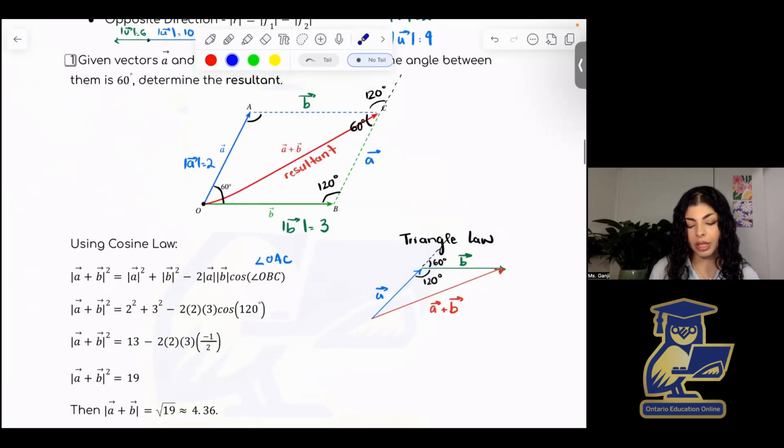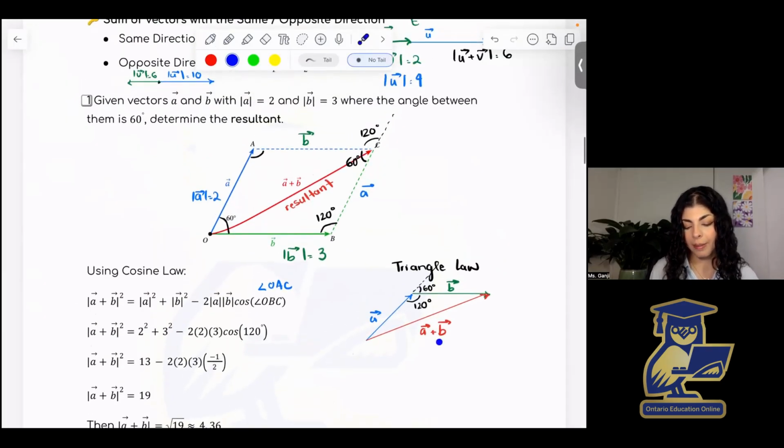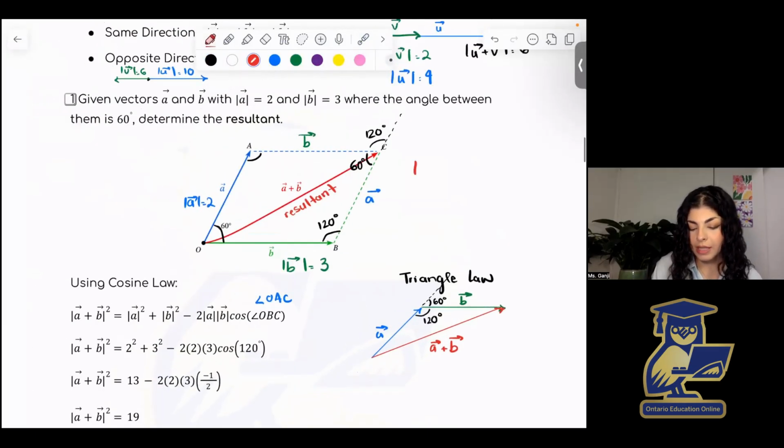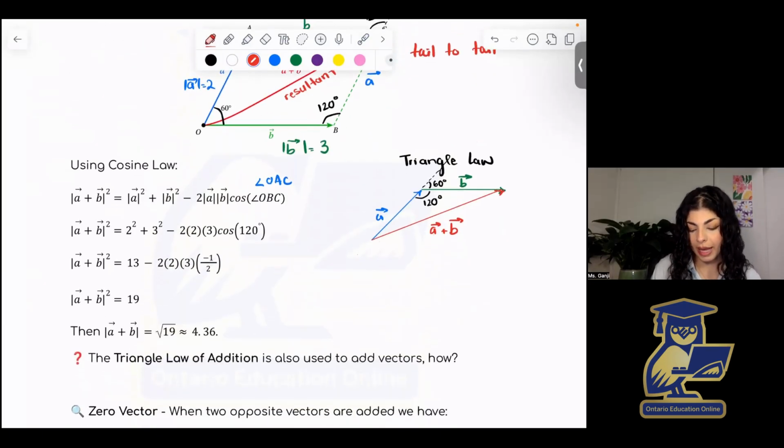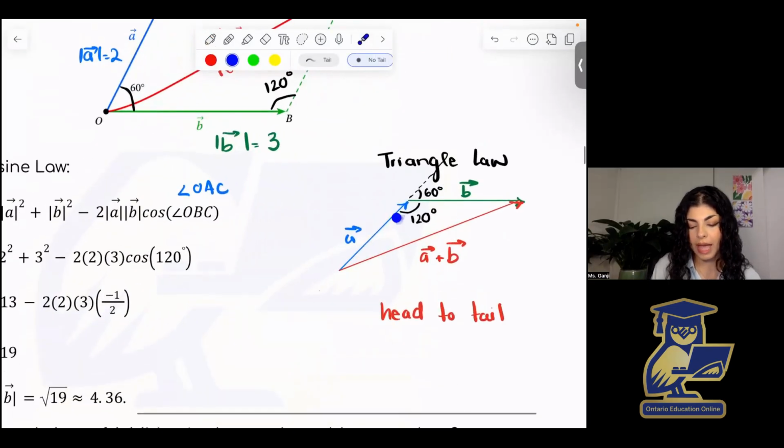So that's pretty much the difference between parallelogram law and the triangle law. In the parallelogram law, you have tail to tail, but in this one, you have head to tail, which means that from the head of the first vector, which is A, you draw the second vector starting at its tail.